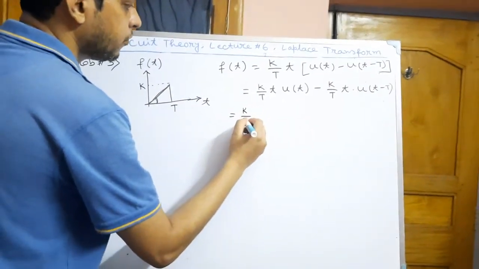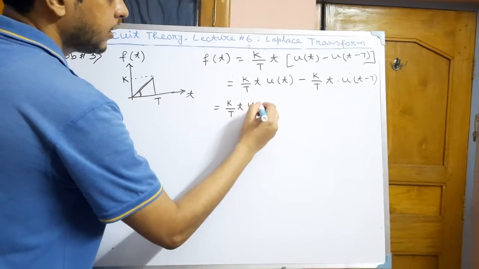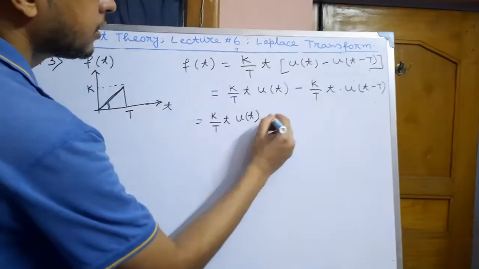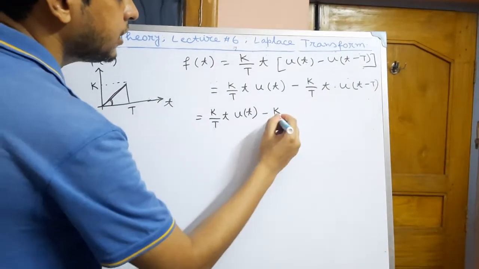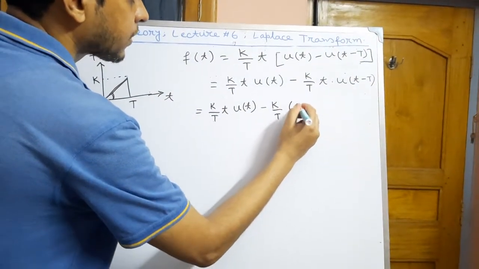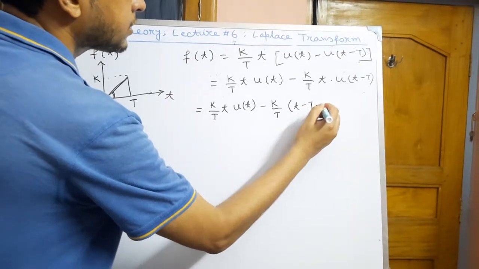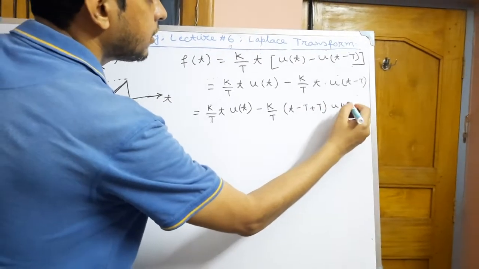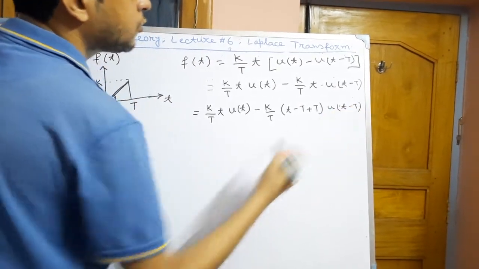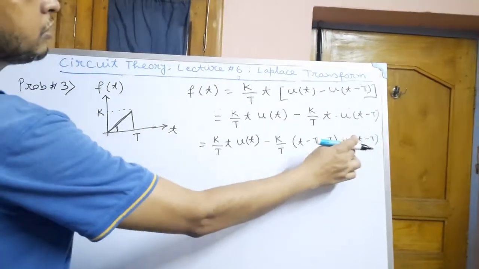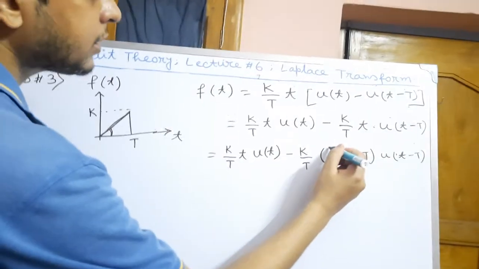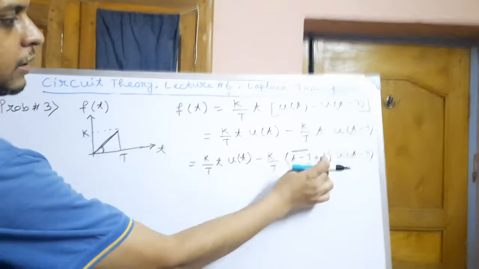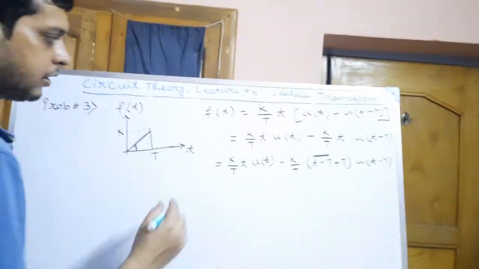Now let us keep it as usual, and let us make this t as t minus T plus T, and this is as it was into u(t minus T). Now let us take this one first, t minus T and T separately.